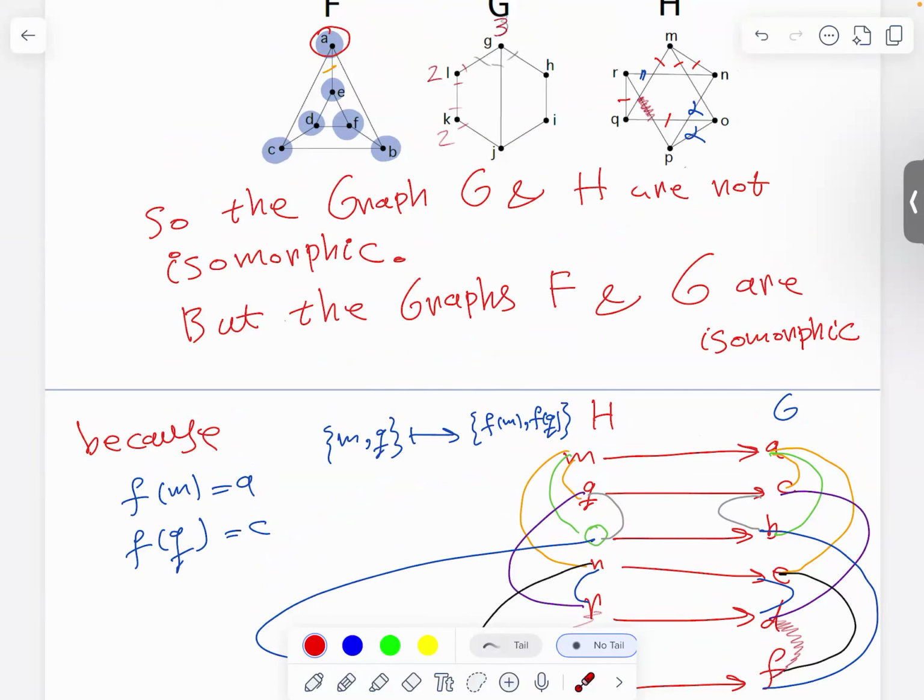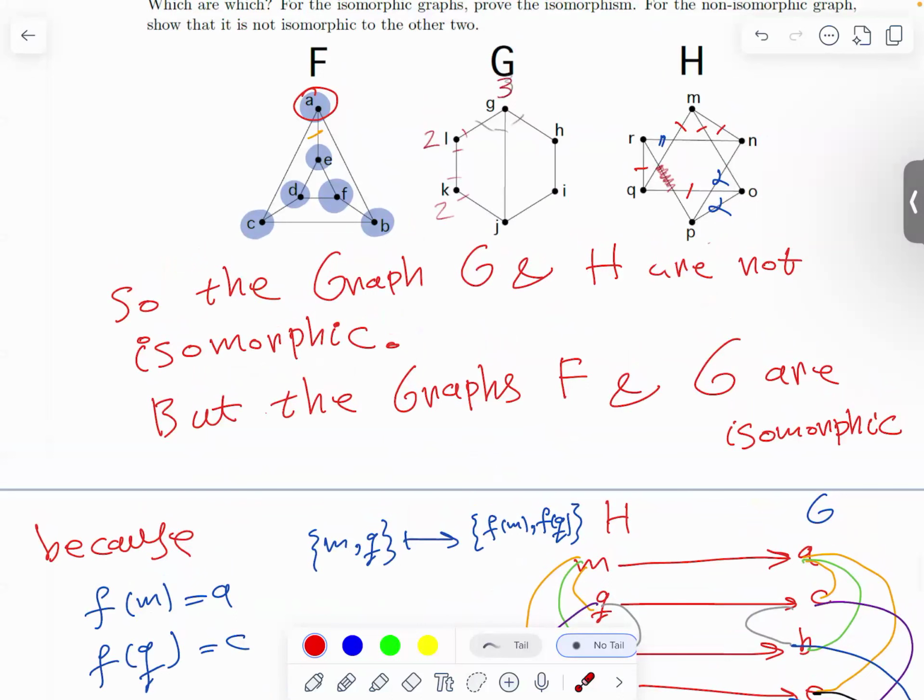What I did, starting from M, briefly: this M has degree 3 and this guy has degree 3. I went on M to Q, M to N, and M to O. So M has been connected to Q, O, N. Then I chose A to C, E, P in any order.